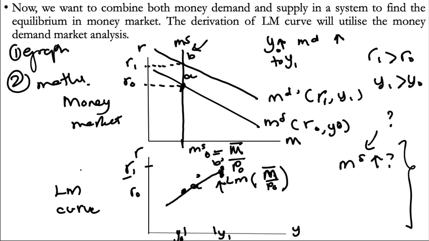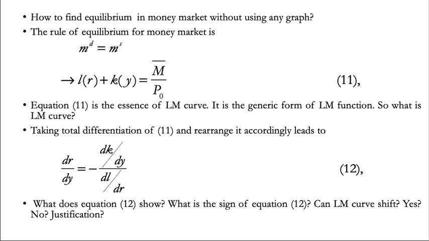Alright, that means at point A, MD equals MS. At point B, the new MD equals the initial MS, isn't it? Mathematically speaking, it can be expressed as expression 11 here. This is the condition, the generic form of the condition.